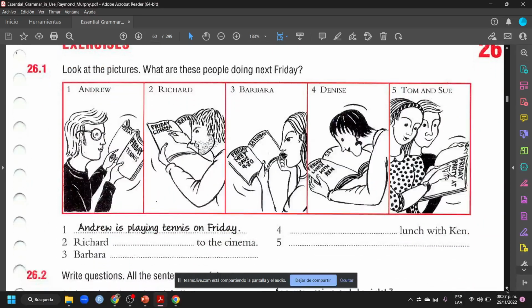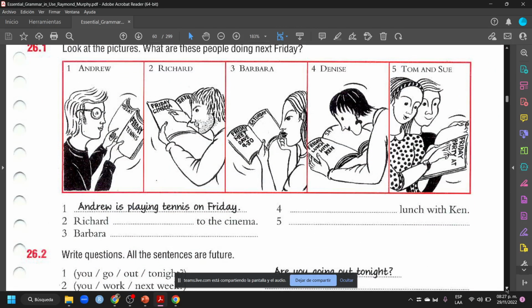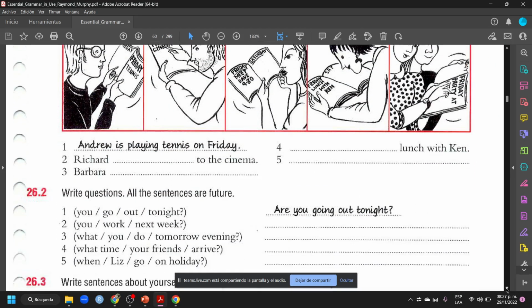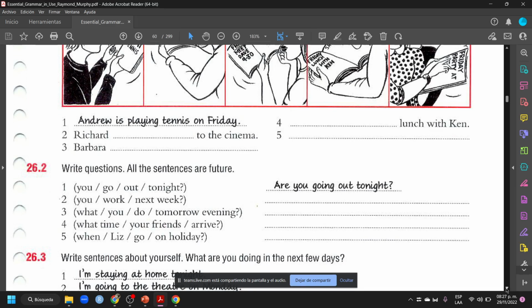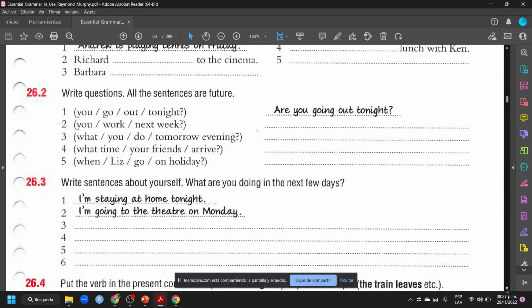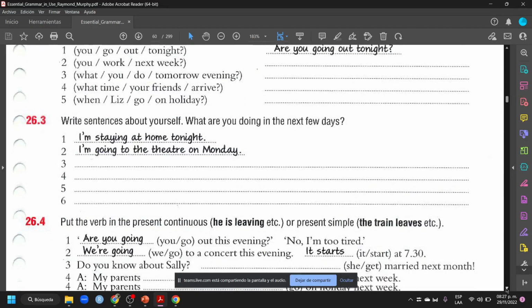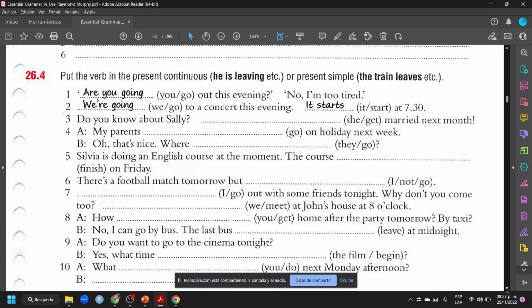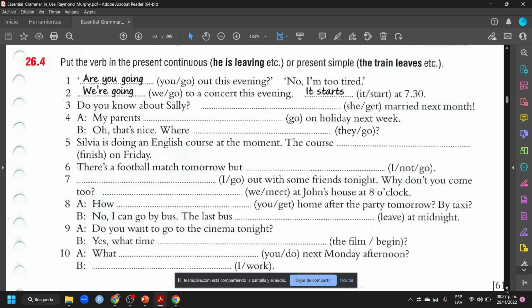And I think we did this activity, right? Okay, now we are going to do 26.4.